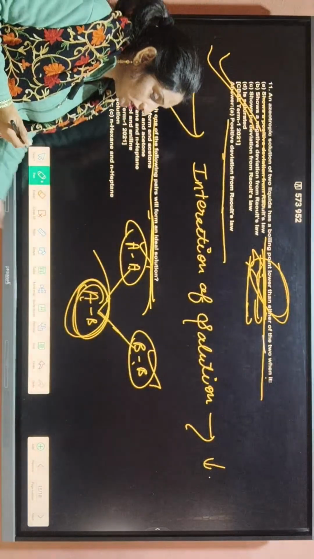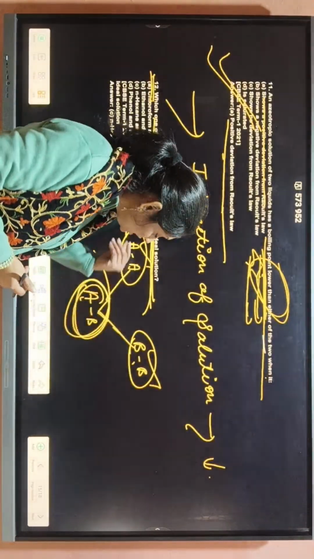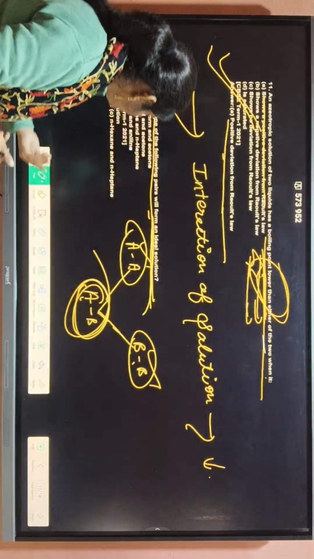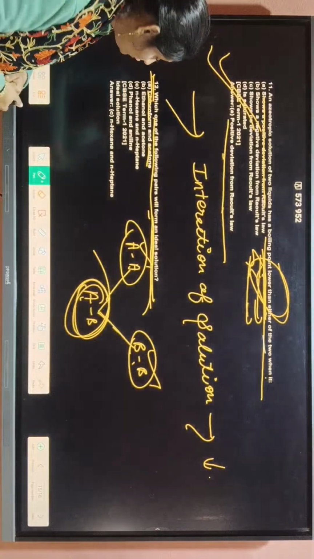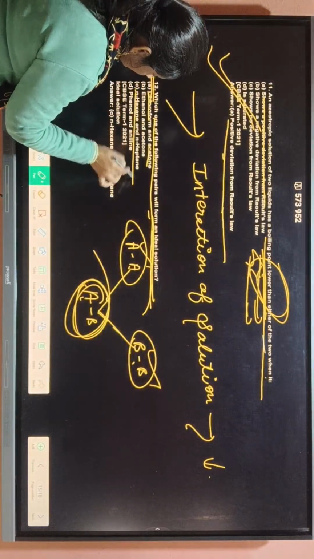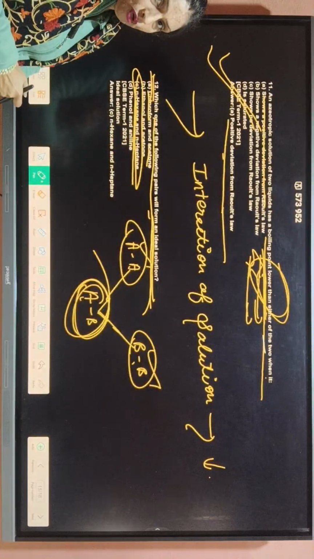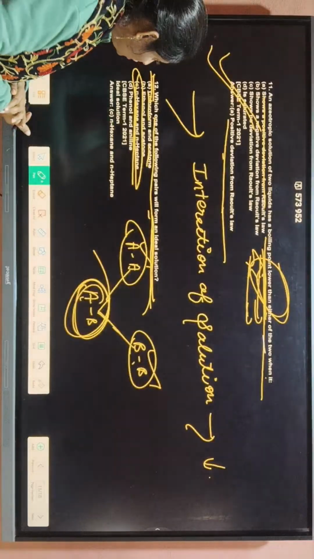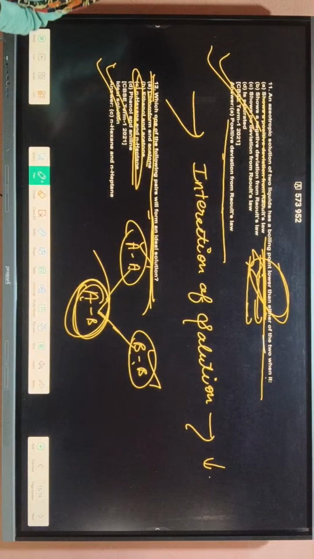The bond strength is the same, either in the pure state or in solution form. So chloroform and acetone show negative deviation. N-hexane and N-heptane have the same type of interaction, either in pure form or in solution form. So you will go with option C.